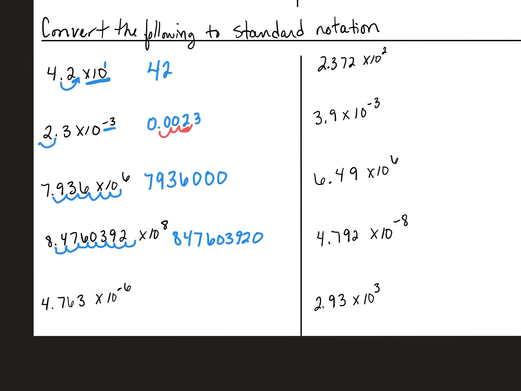In the next one, we're going to move the decimal point to the left 6 times. So I'm going to do that by starting with a 0 point. And then I need to add in 4 zeros. No, sorry, 5 zeros. And I'll show you how I know that.